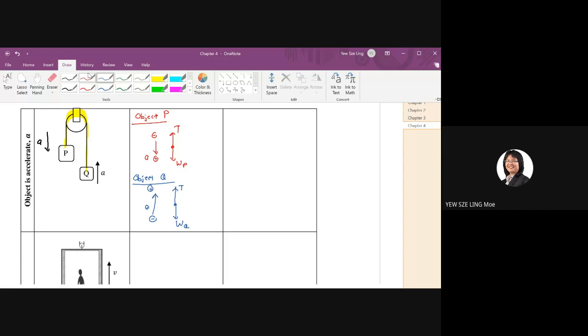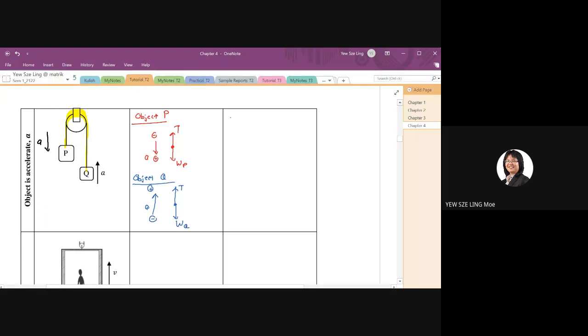Let's look at the equations. So for object P, my object is moving with constant acceleration. So summation F equals MPA. In this case, I'm going to use WP minus T because I say downward is the positive direction. So equals MPA.